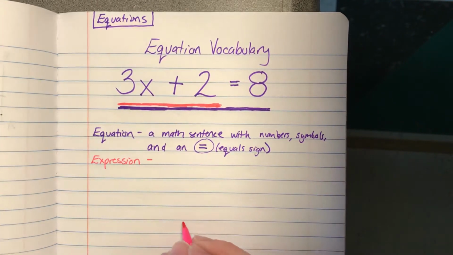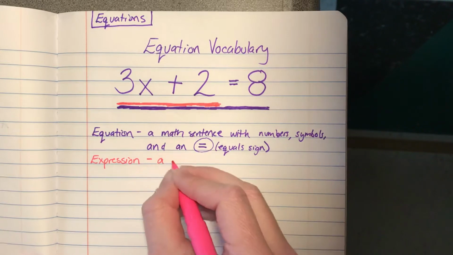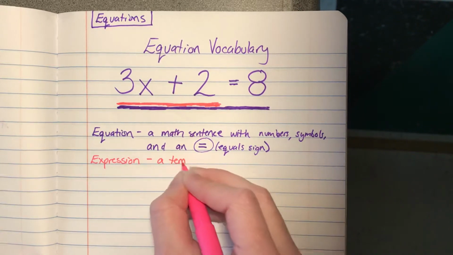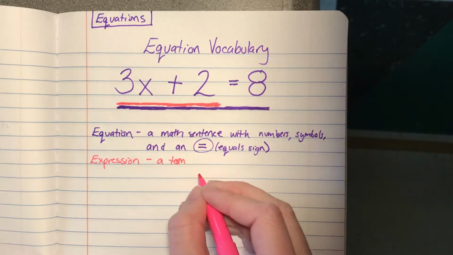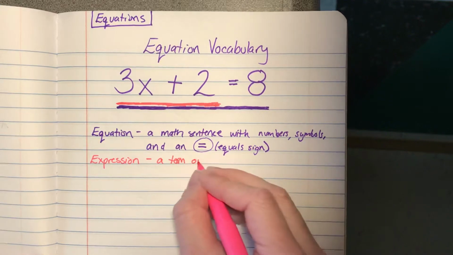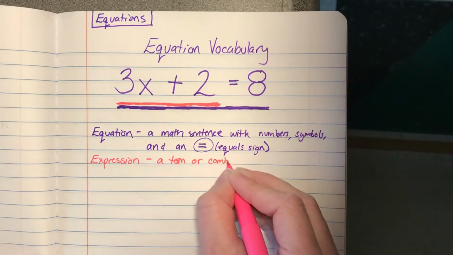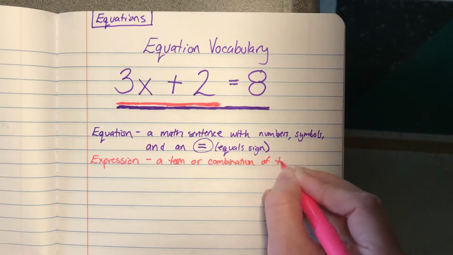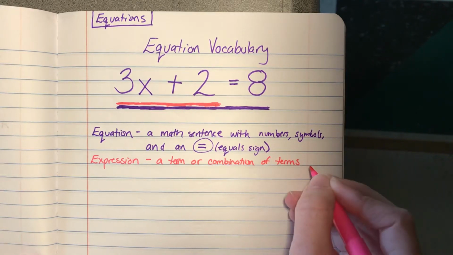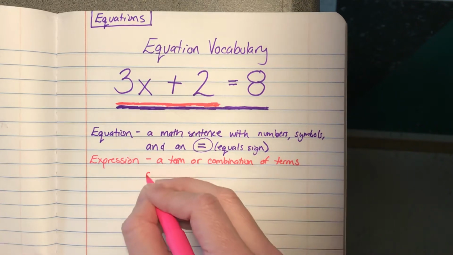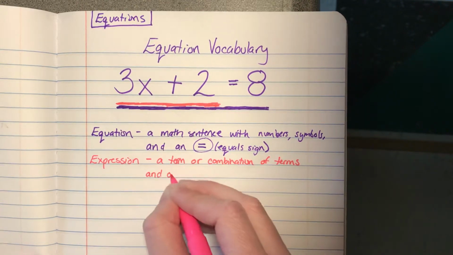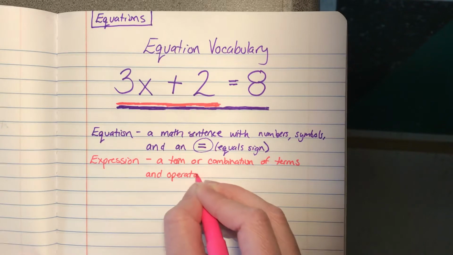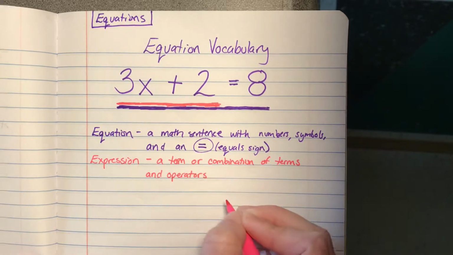Expression. And here's what an expression is. It's a term, which we're going to talk about in a second, T-E-R-M, term, or combination of terms and operators. Now, we're going to talk about what a term is and an operator in just a second.